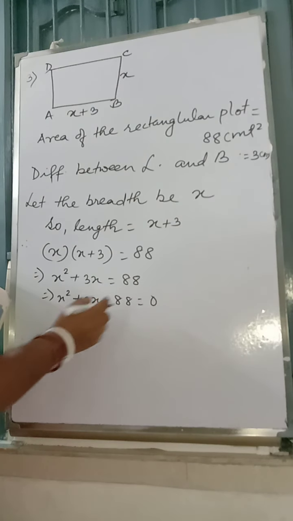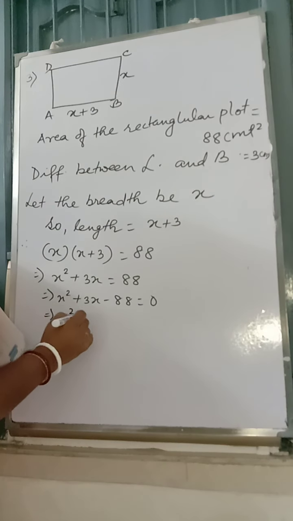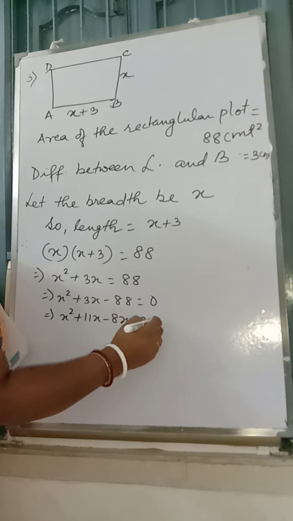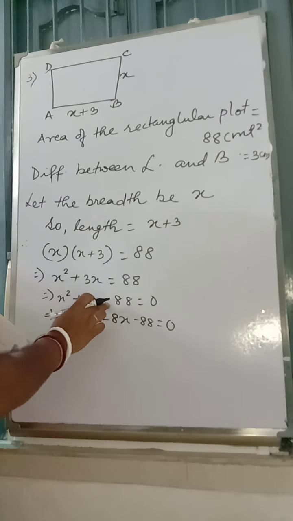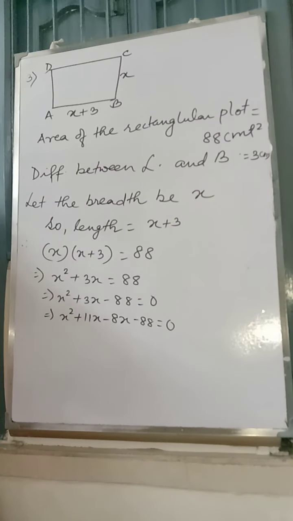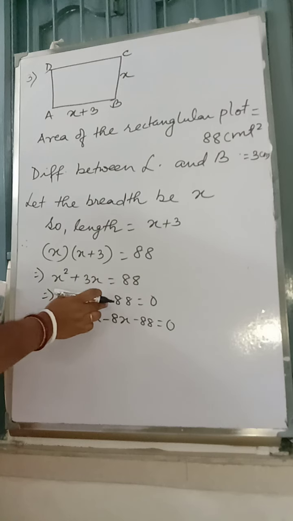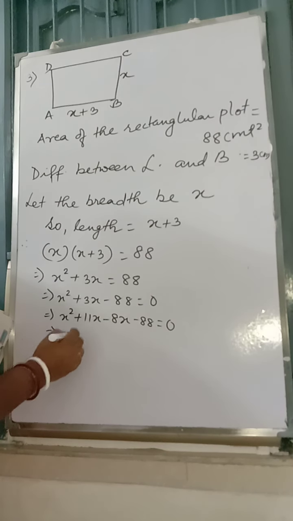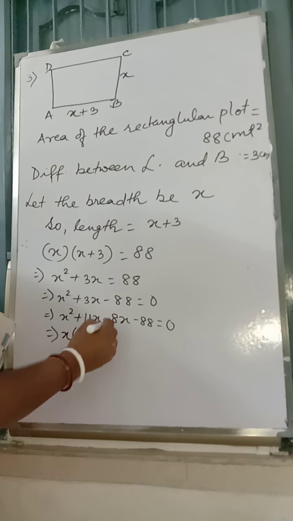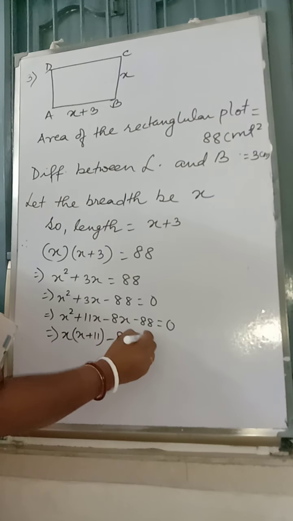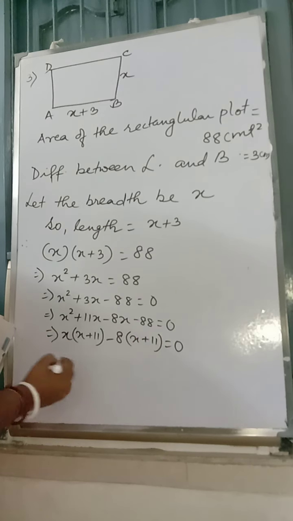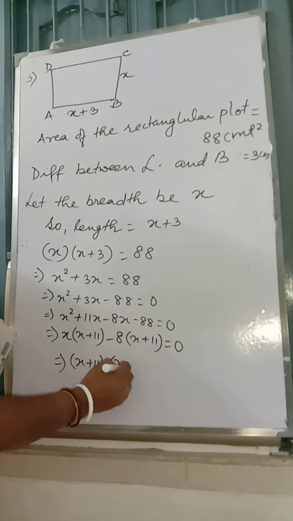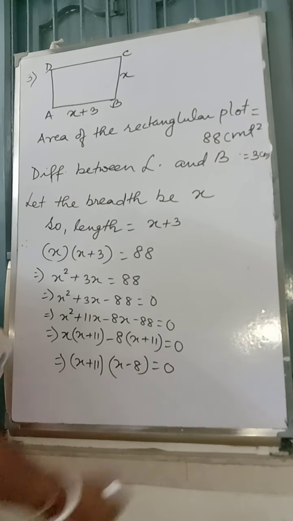Now we have to break this middle term. x square plus 11x minus 8x minus 88 is equal to 0. I have told you when we were solving the equations, if this is negative, this will be broken in the term of minus. Or if x is common, x plus 11 minus 8 is common, or x plus 11 into x minus 8 is equal to 0.